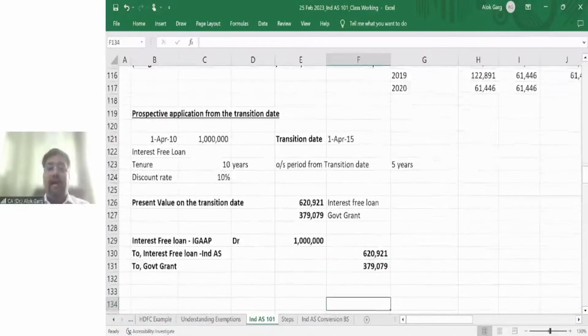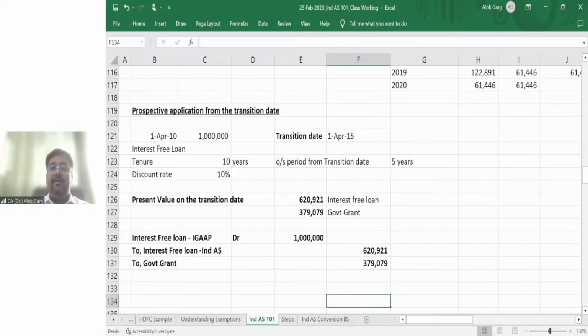Have you understood the difference? In this case, we computed the present value on the transition date and ignored the earlier period. But in the earlier case, we did the Ind AS accounting since the beginning, computed the numbers on the transition date, and restated the numbers on the transition date.